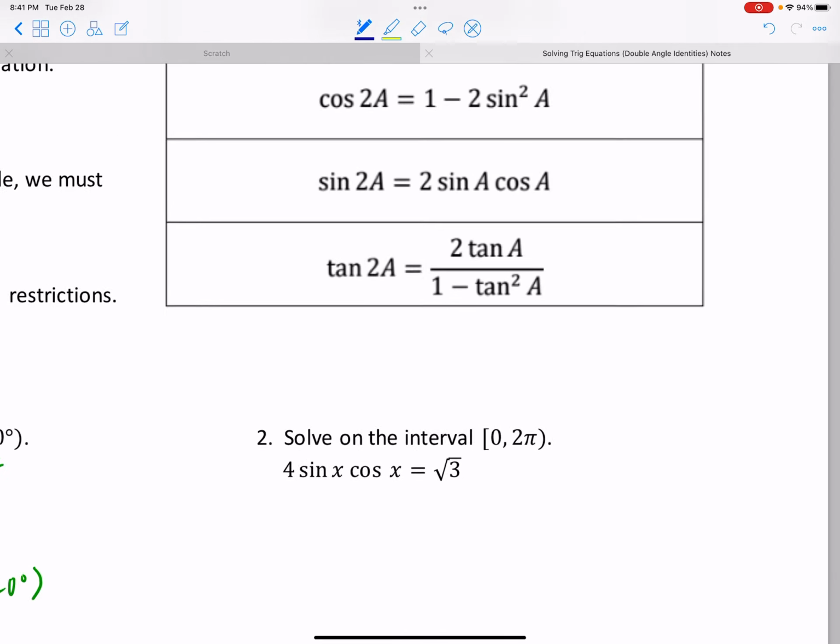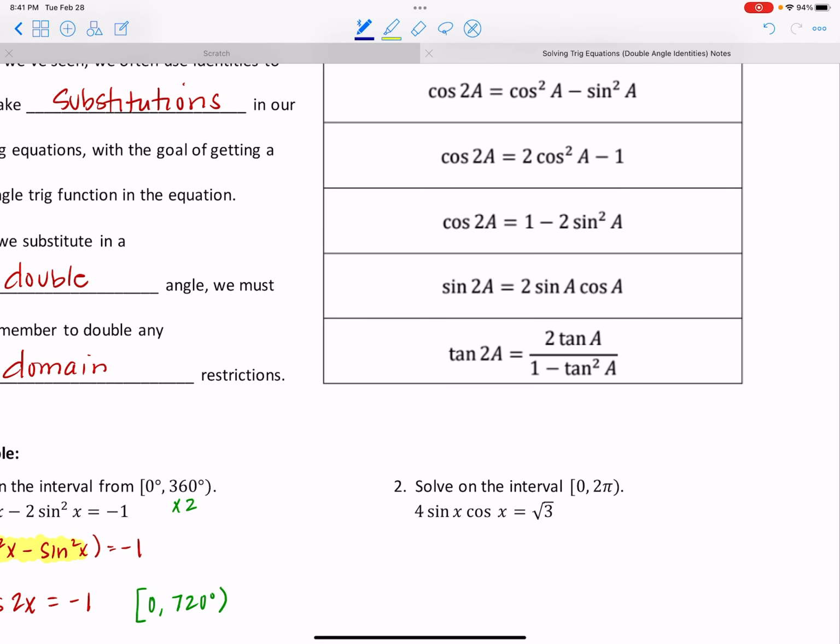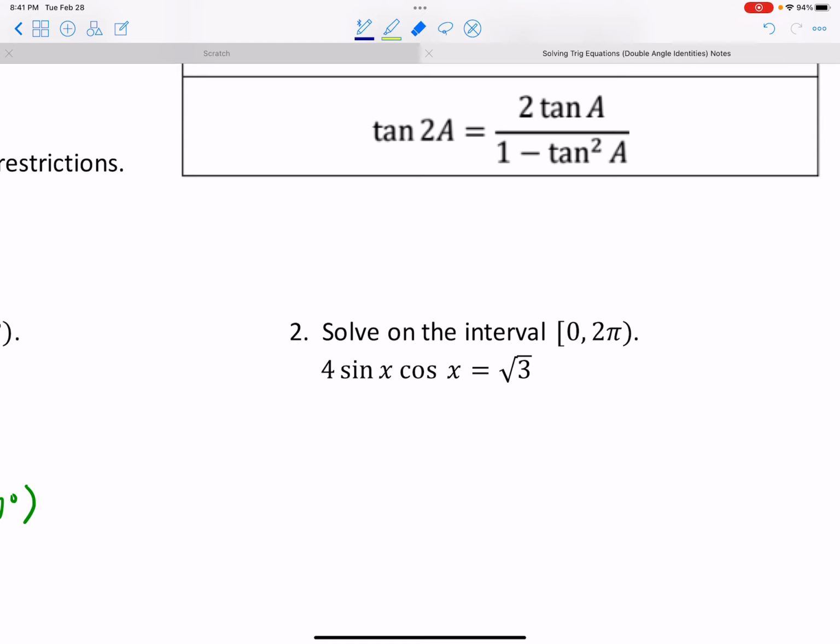So I'm going to try to substitute in a double angle here. And this looks pretty close. This 4 sine x cosine x is pretty close to 2 sine cosine here. So I want it to look like that. I'm going to do a similar step to what I did in the last one. I'm going to factor a 2 out so that I have a 2 sine of x cosine of x left.